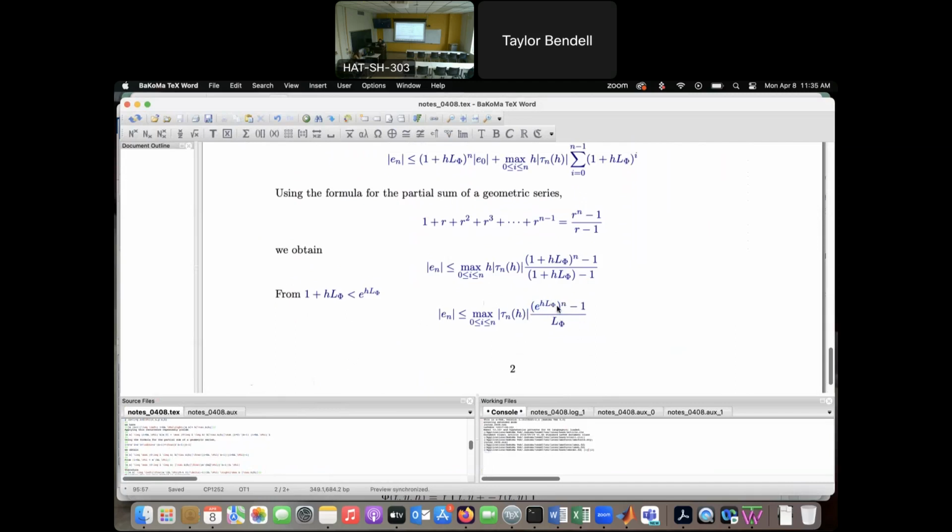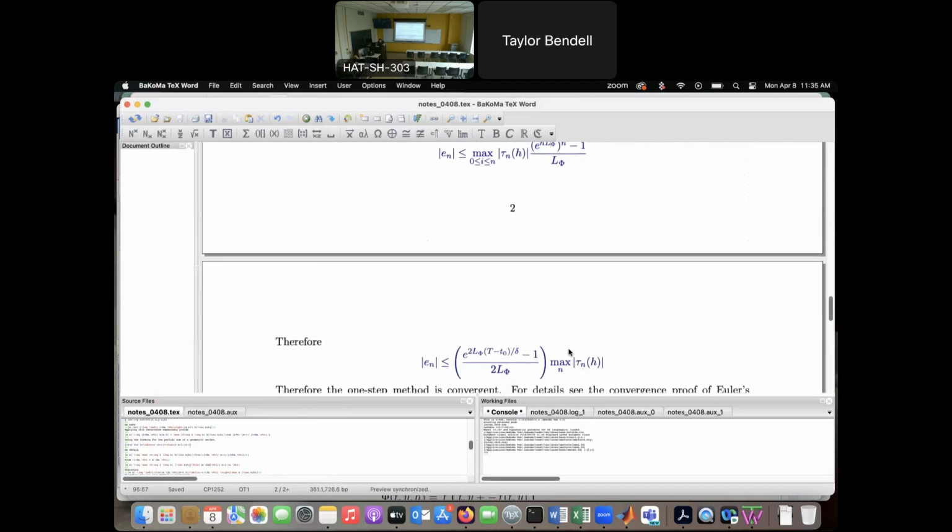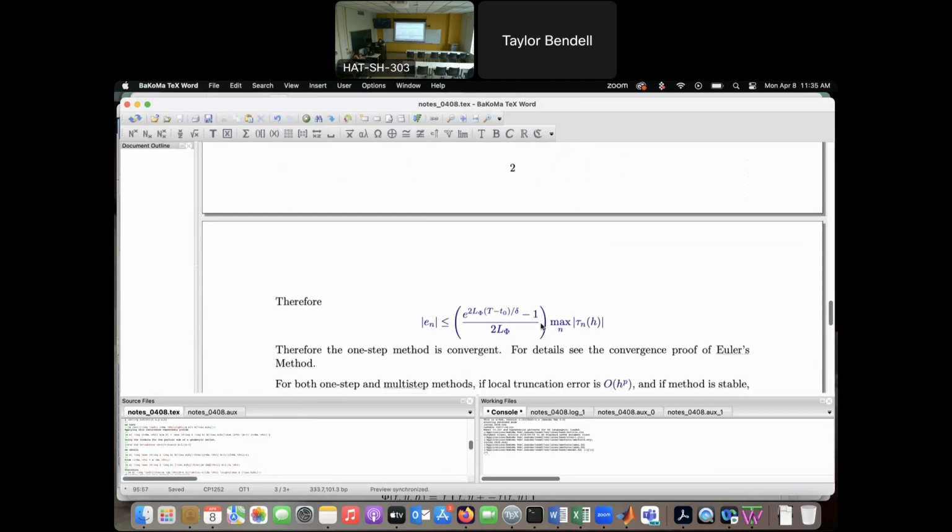So by incorporating this n into the exponent, then I just need to edit this, but I don't need to have a factor of 2. I don't have to be divided by delta. But otherwise, so then I have this, that this is my bound on the global error.